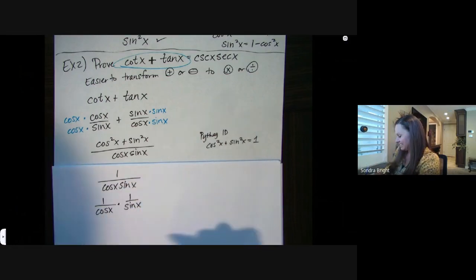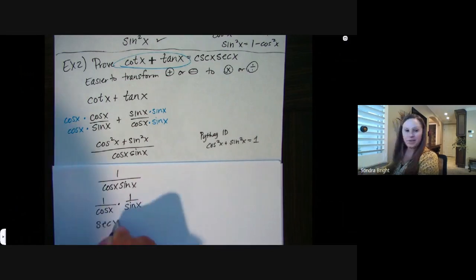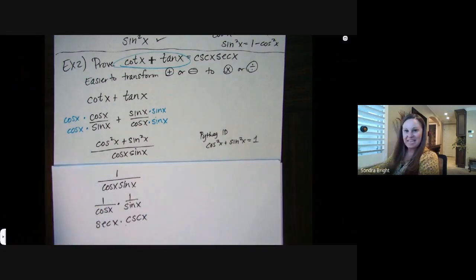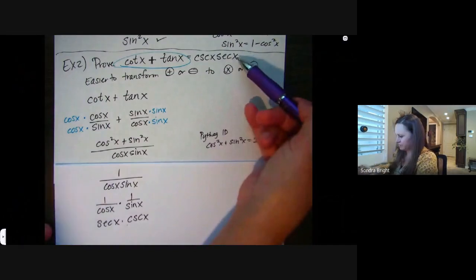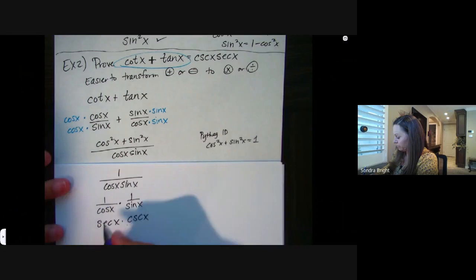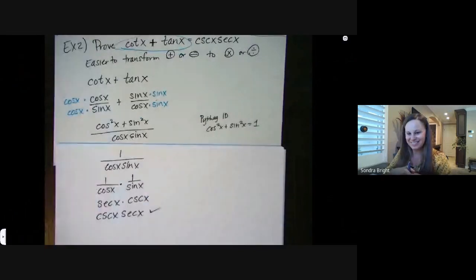It's secant. And what's 1 over sine? Cosecant. And this is, what do I need? Oh, well, that's the multiplicative commutative property, right? 2 times 3 is 3 times 2. So this is equivalent to cosecant of x times secant of x. Check. Yay. All right.